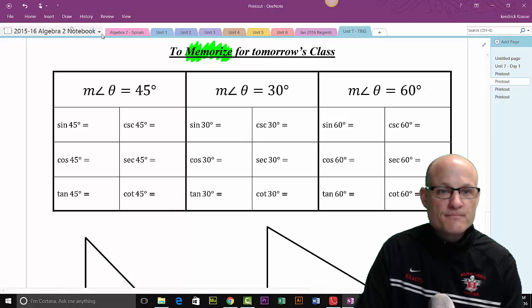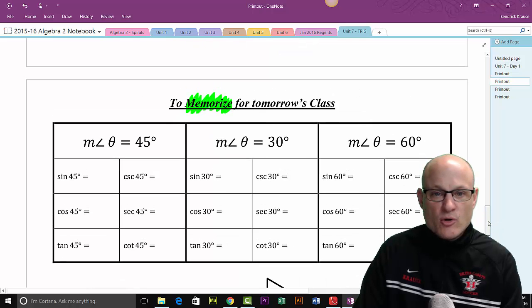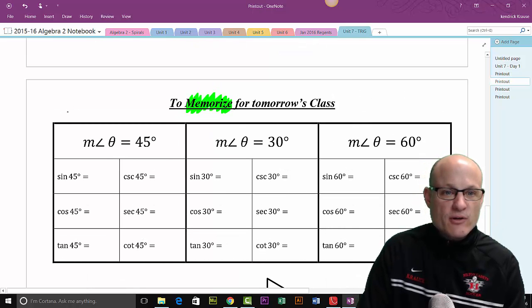So the first thing I want to do over this 45, 45, 90 right triangle is draw my triangle in. 2, square root of 2, square root of 2, 45.